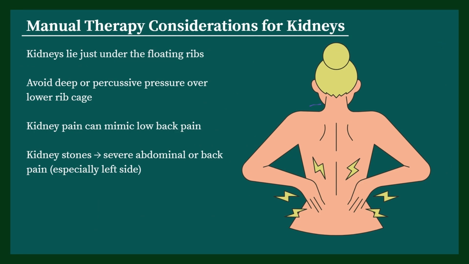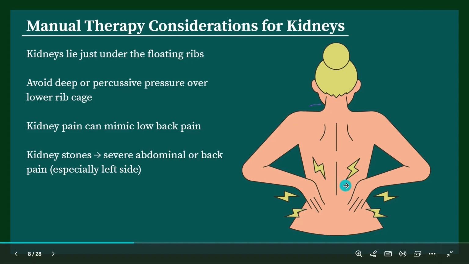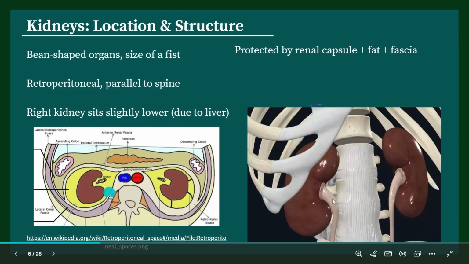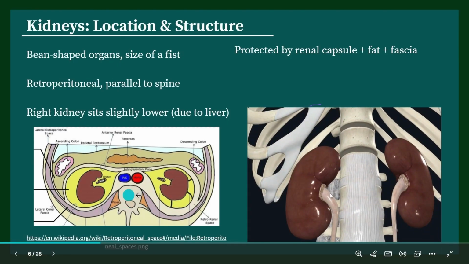Important information for you as a manual therapist: the kidneys do lie under the floating ribs on the back. They are deep. Let's look back here for a second. They are deep inside the cavity, and they sit next to the spine.